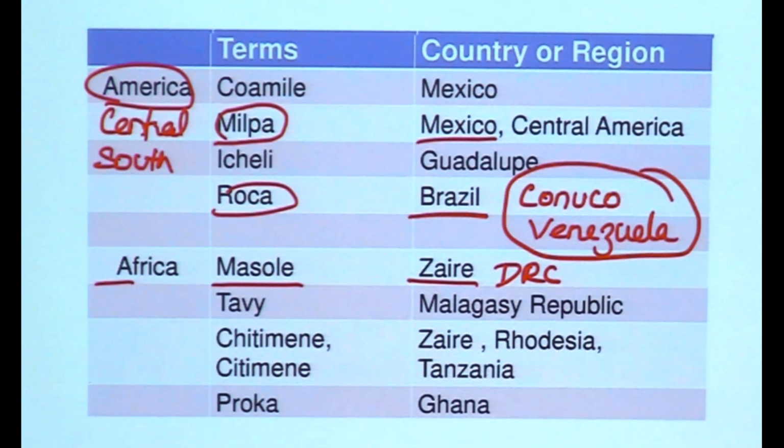Then we can take the references of other names, that includes Proka in Ghana. That means which are the areas where we are having the practice of this type of agriculture.